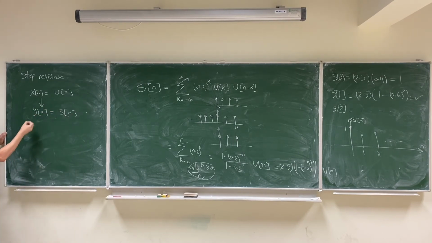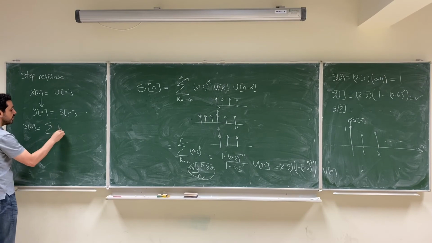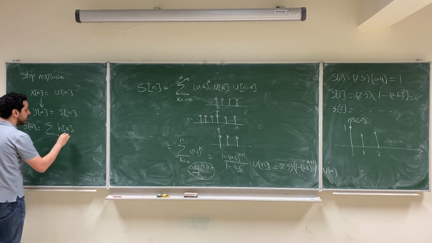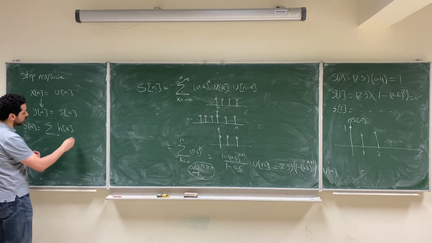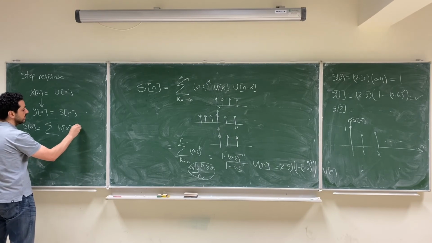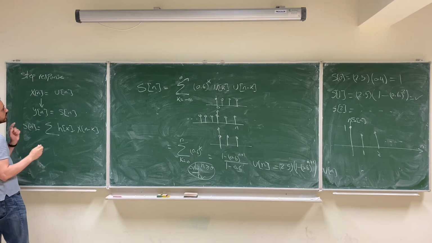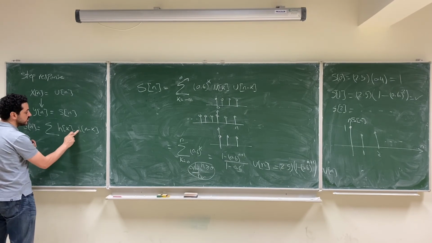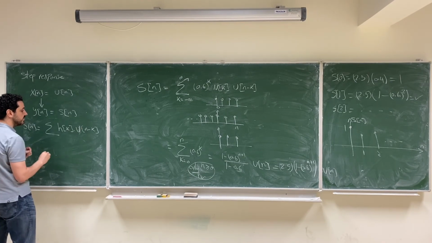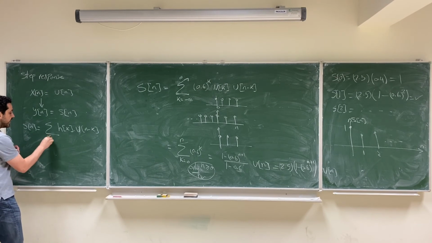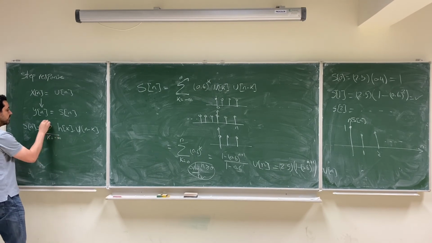So using the convolution relation, the step response equals the summation of h[k], and then we put the input as it was supposed to be, x[n minus k]. This is the convolution relation, but we are going to replace the input here with a unit step. So we are going to use here unit step of n minus k, for k equals minus infinity to infinity.